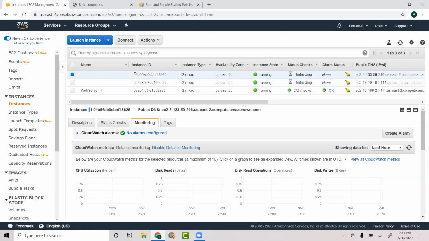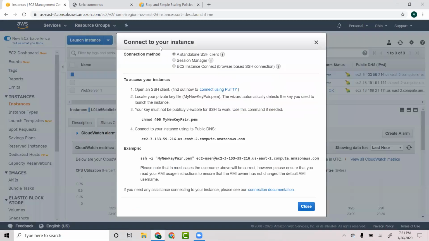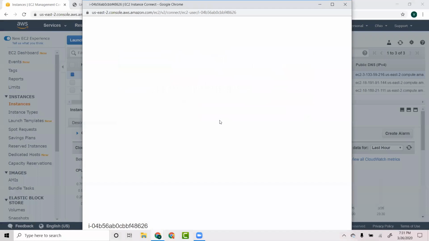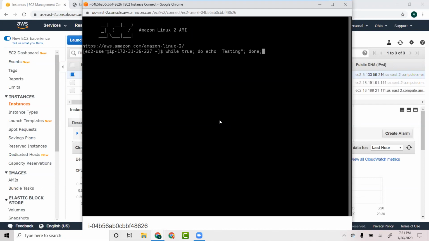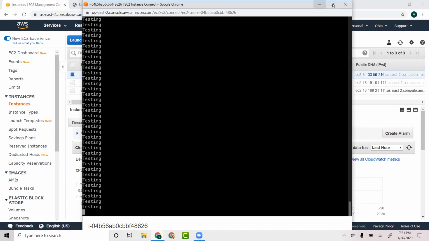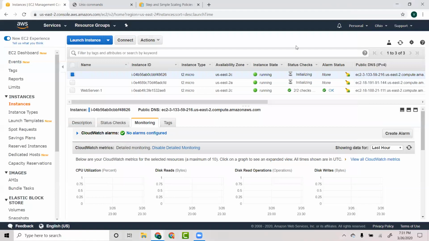Now I'll connect to one of these guys and crank up the CPU. We saw that, but it's scaling up and scaling down, and that's what we will be seeing, especially with the detail monitoring.